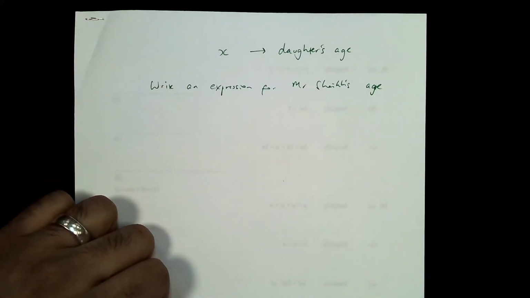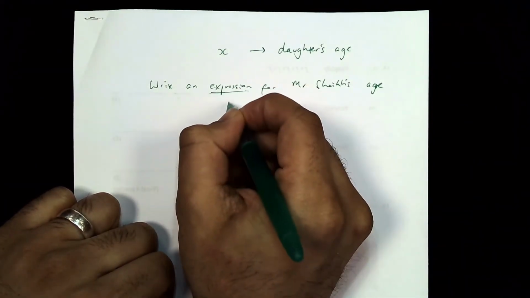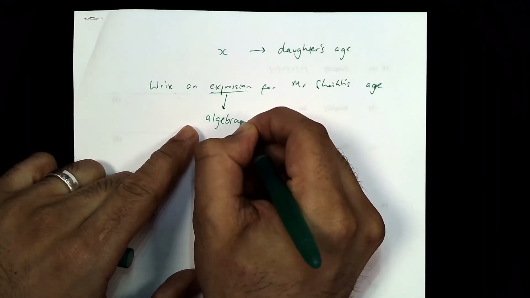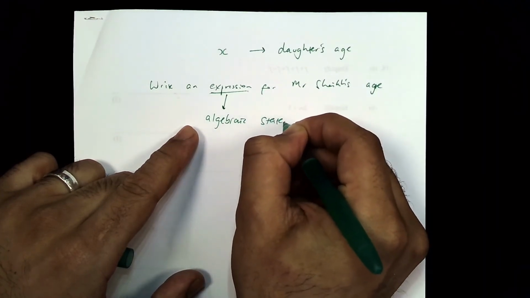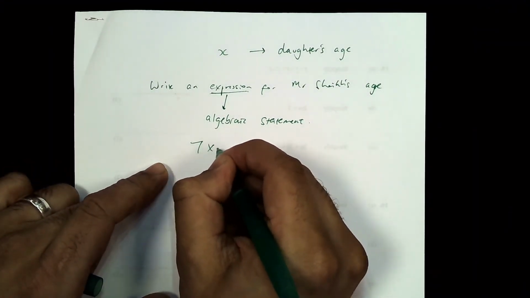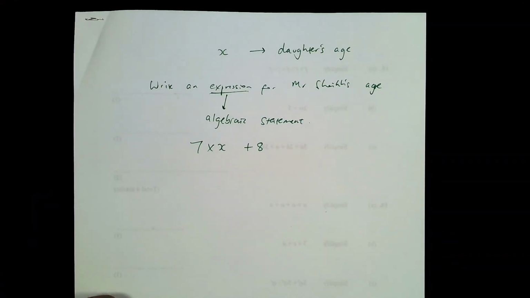Now, if I told you that I'm 7 times older than her, plus 8, then the expression basically means an algebraic statement. I'll just write that. Algebraic statement. An expression for my age would be 7 times x plus 8. Okay?